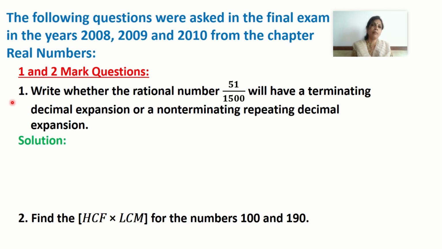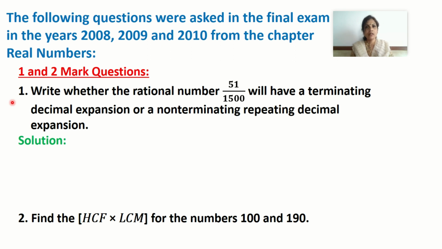Because here we completed our chapter, 1.4 is the last exercise of real numbers, and these are now the type of questions which have already been asked in previous years of CBSE examination. Look at these 1 and 2 mark questions. First question, write whether the rational number 51 upon 1500 will have a terminating decimal expansion or a non-terminating repeating decimal expansion.